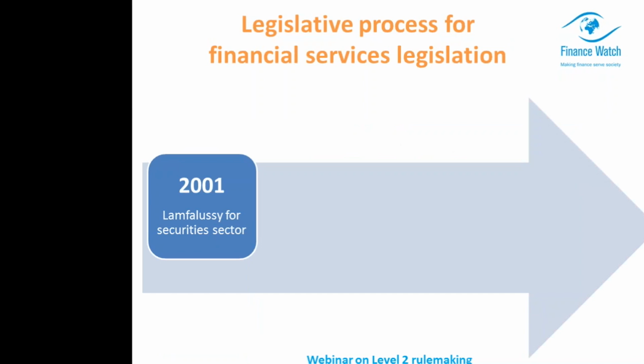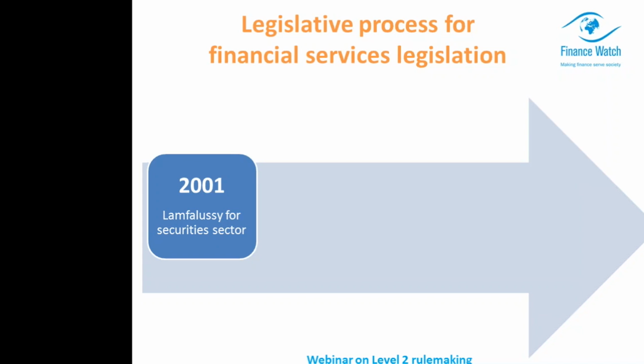We have to start from 2001, from the high-level expert group chaired by Baron Lamfalussy, which established a special legislative process for the securities sector. The aim of that process was to use the expertise of the national supervisors, to allow for more speed and the expertise of people who face day-to-day issues with financial regulation.